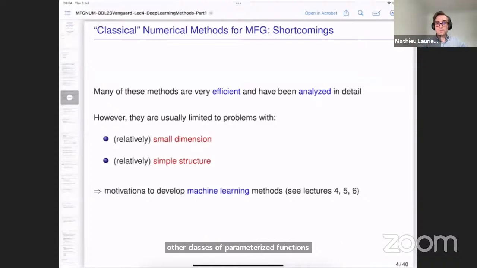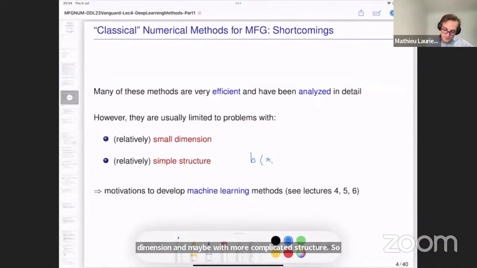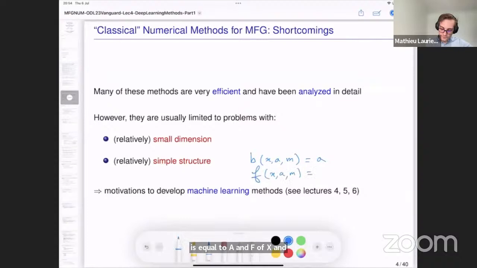So indeed, now the goal is to try to go in higher dimension and maybe with more complicated structure. So maybe you have noticed that very often in the PDE papers and in the references I gave earlier, you assume that b is equal to a and f of x, a, m is equal to some function like this, but usually we replace it by 1/2 of a squared, and then f0 of x and m.